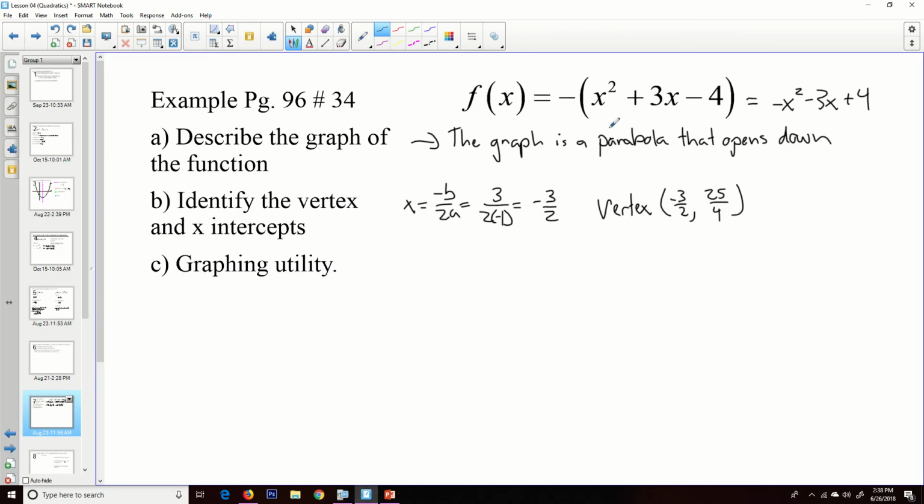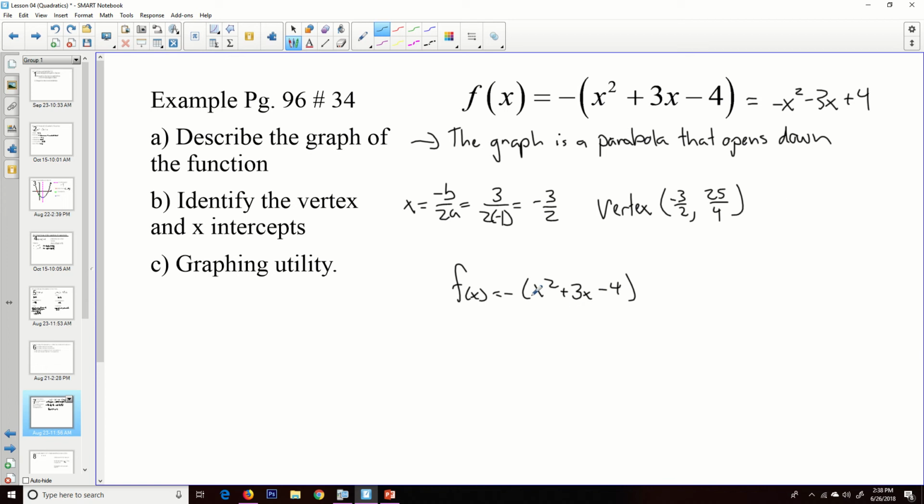Our x-intercepts. Well, it's what makes this thing 0. And we can factor either of them if we wanted to. And here, I'm going to erase because I'm going to use that first part. So if I go f of x equal to negative x squared plus 3x minus 4, your first try should always be to try and factor this thing first.